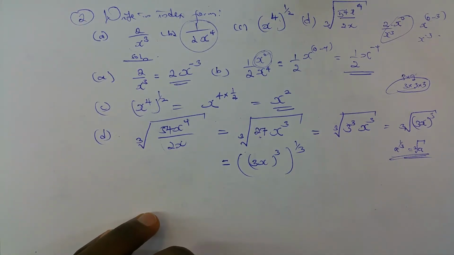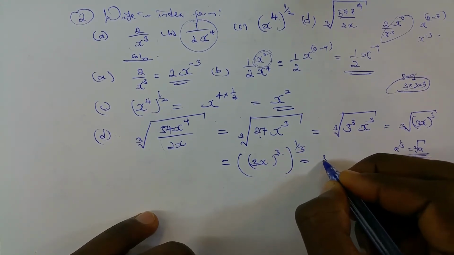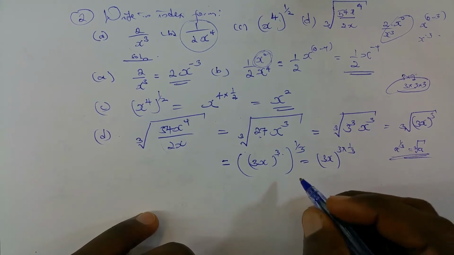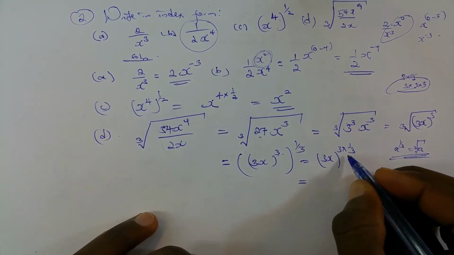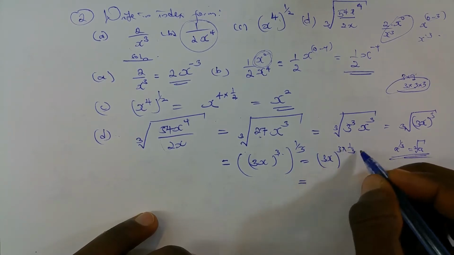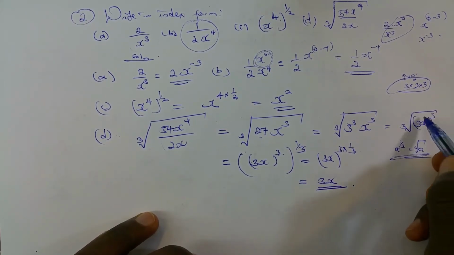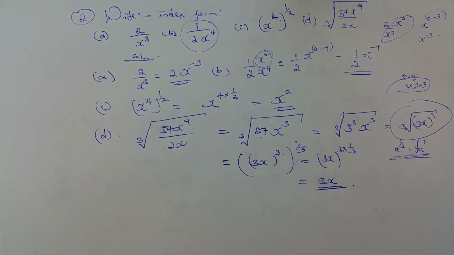Now multiplying the powers, we have 3x to the power 3 times 1 out of 3. We already know that property. 3 divided by 3 becomes 1, so we remain with only 3x. You can observe the transition from here up to here. That is a very good property.